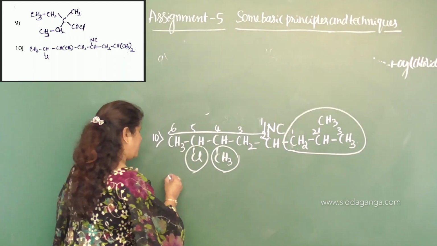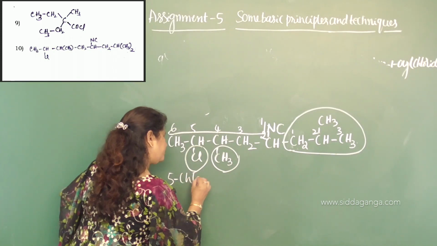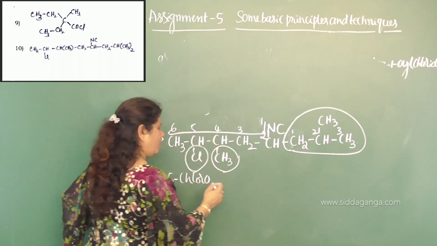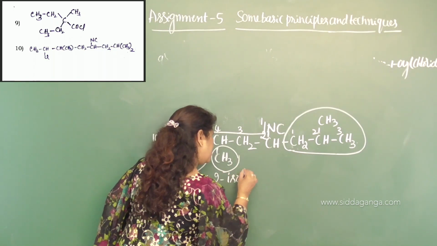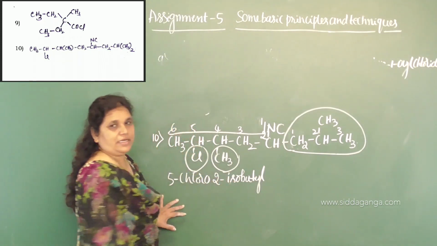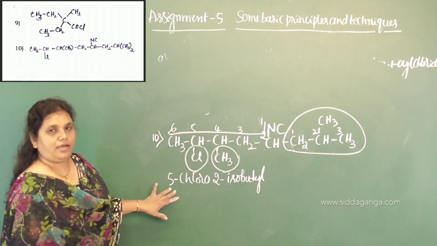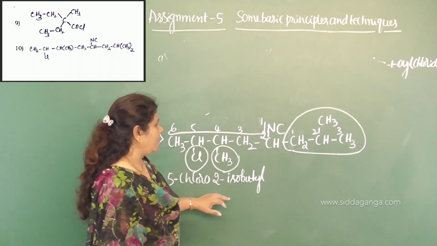I will rewrite this: 5-chloro, then 2-isobutyl. You need to consider the first letter of iso while taking it as a substituent, isobutyl. Okay.